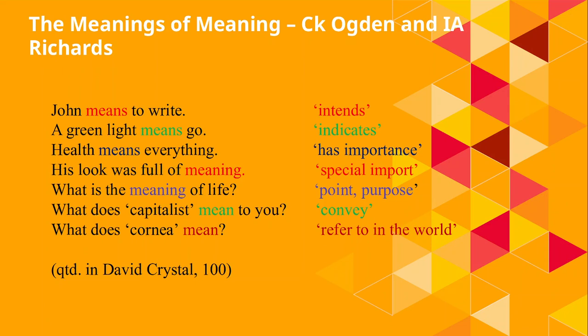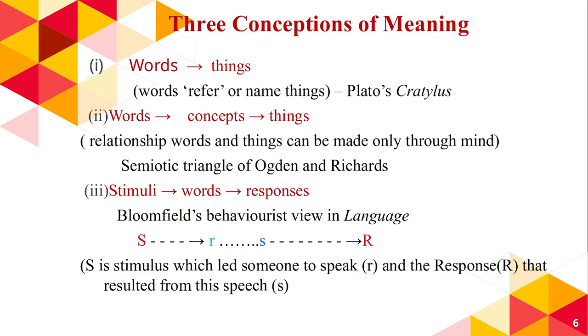What does cornea mean to the whole world? So it is the last kind of use that comes closest to the focus of linguistics. So in semantics, we study the way in which words and sentences convey meaning in everyday situations of speech and writing.